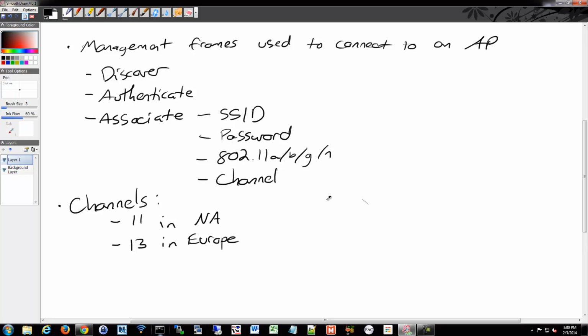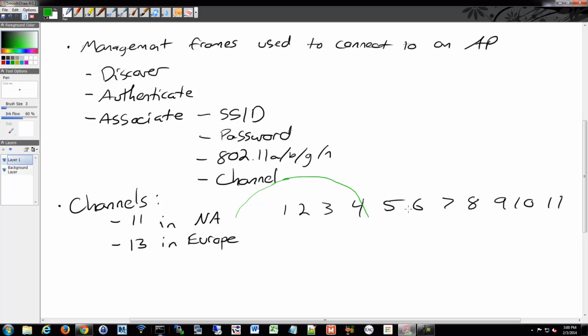So the way these work are, you have, let me see if I have enough room here. 1, 2, 3, 4. The way these frequencies, these channels work, the frequencies will kind of increase until they hit their peak at that channel number, and then they'll decrease. And then they'll increase and decrease.